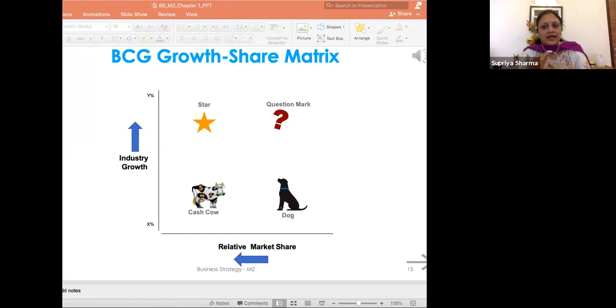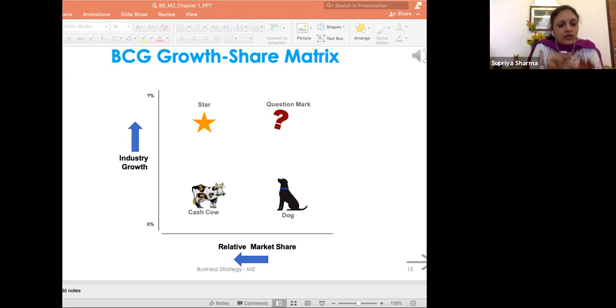Now, net cash flow out of this will usually be very modest. Why? Because there is huge investment simultaneously going into it. To keep that pace in a fast growing industry, I need to put in more money there. If I have to put more money into that particular product to sustain it in the market so that my market share remains intact, I will need to put in a lot of money.